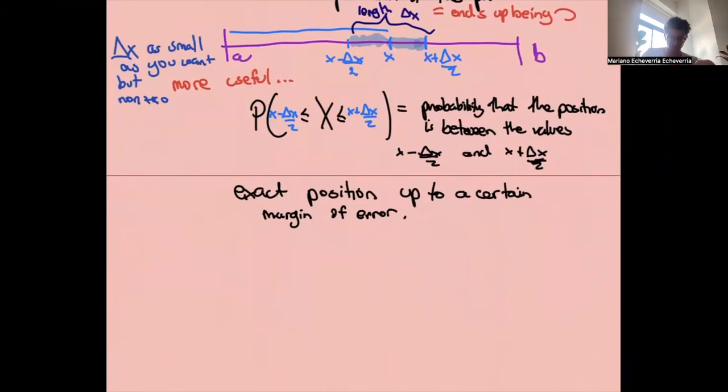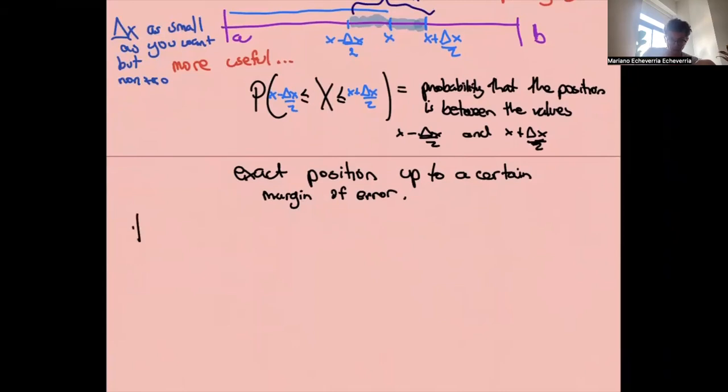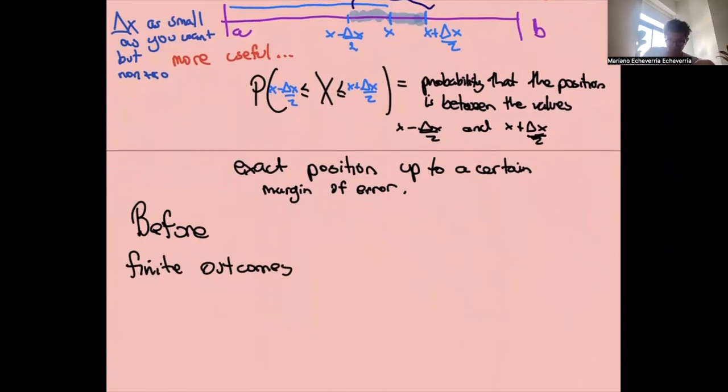Before, when the outcomes were finite, or even infinite as long as you could count them, the first outcome, second outcome, third outcome, what we would have is the sum of the p_i, from i equals 1 to n, equal to 1. So now we want something like that.